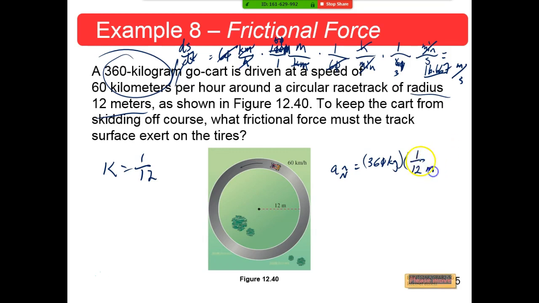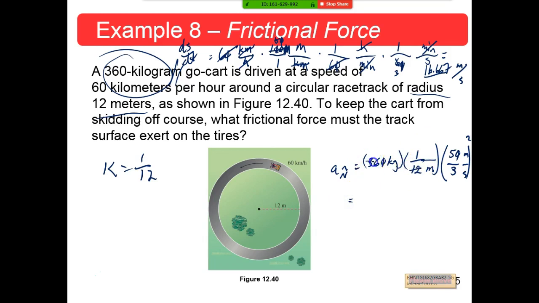So I'm going to put the meter down here, okay? Times ds/dt squared. So I'm going to do it this way: 50 over 3 meters per second squared. Okay? You okay with that?